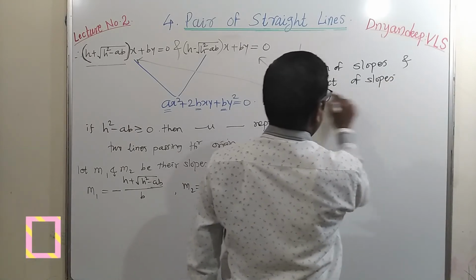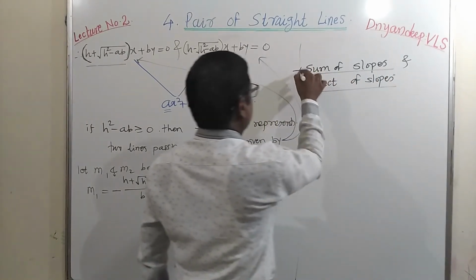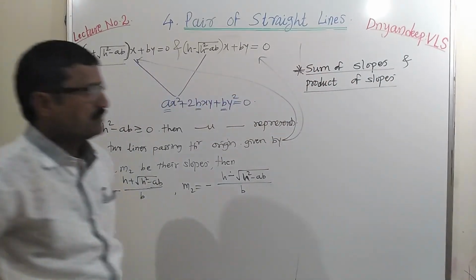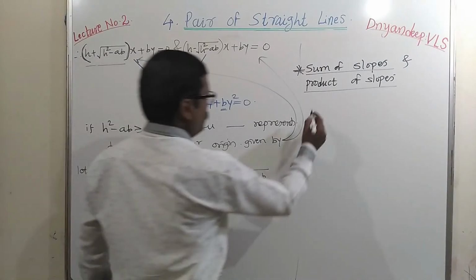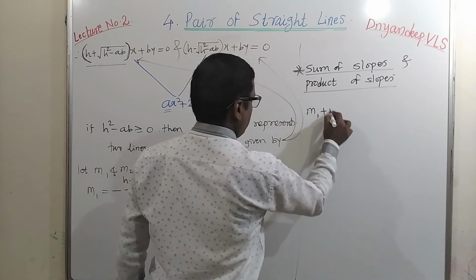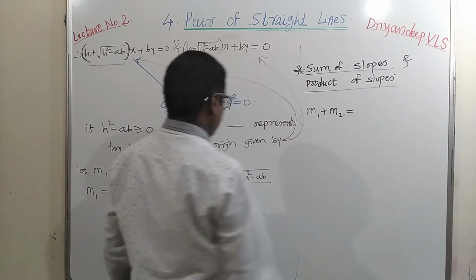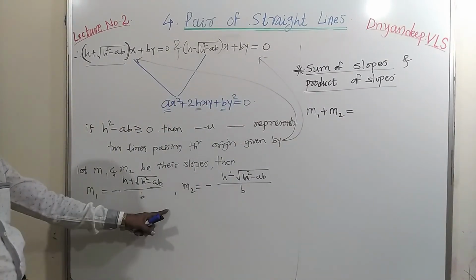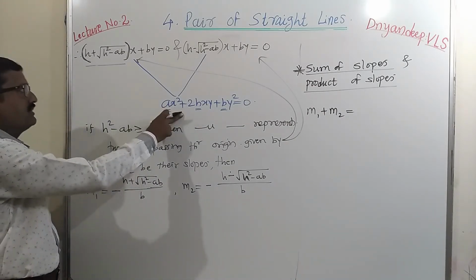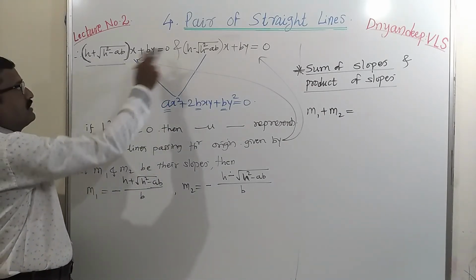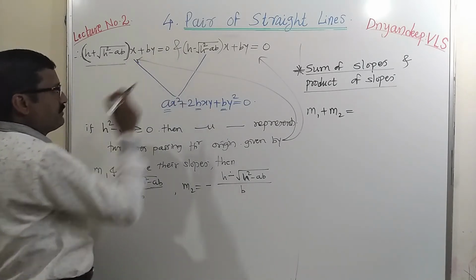That is our second important note. Okay, so sum of slopes. Sum of slopes is nothing but m1 plus m2. What are m1 and m2? m1 and m2 are nothing but the slopes of two lines which are given by this combined equation, whose separate equations are these two.